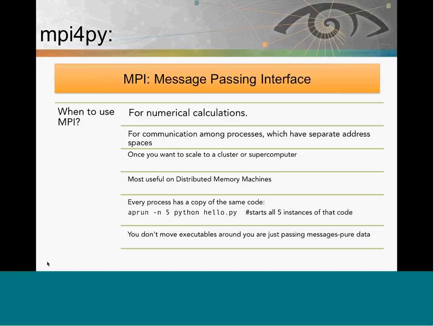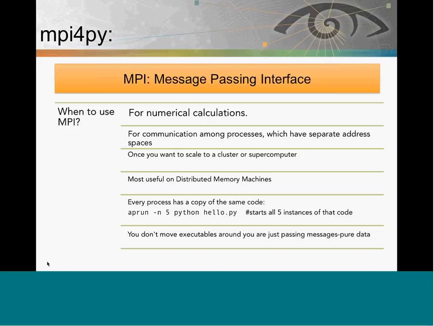Here I have an example to run this code. Let's say you have a Python program, an MPI hello world program, and you run it with mpirun -n 5 and call that particular script.